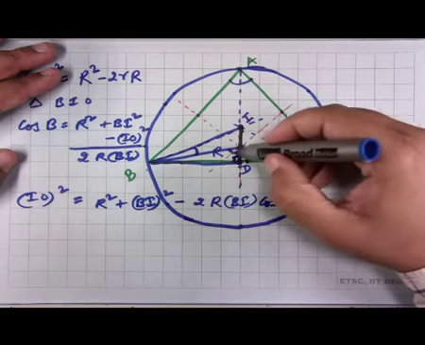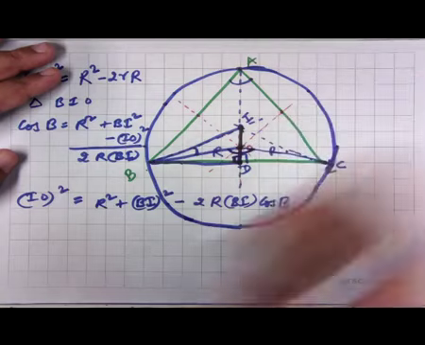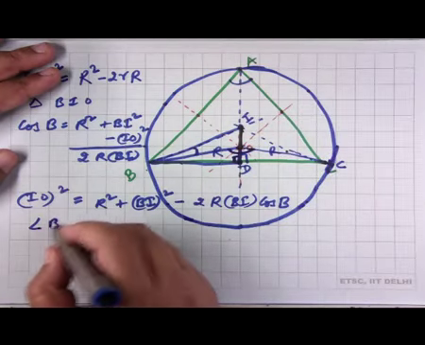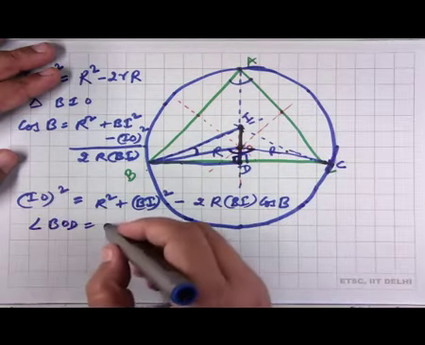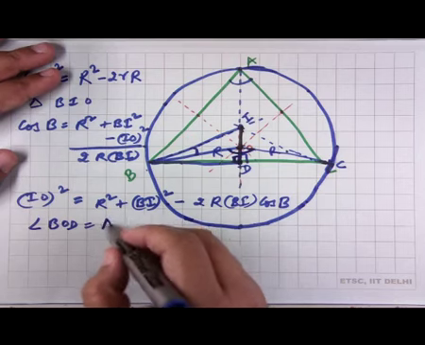And since this entire angle was 2A, it follows that angle BOD should be equal to half of twice A, which is equal to A itself.